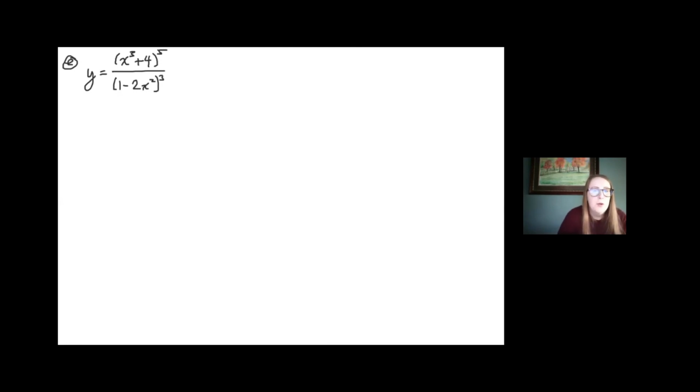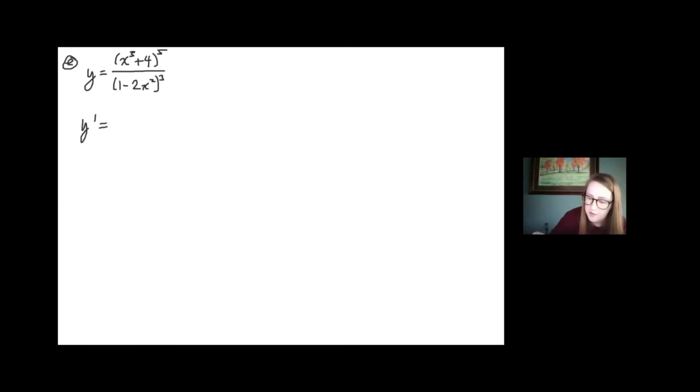Okay, so the first thing that we're going to have to use is the quotient rule. And then within that, we're going to end up using the chain rule a couple times as well. So the quotient rule is going to be enacted first, and then we'll have to use the chain rule as we go. So let's try.